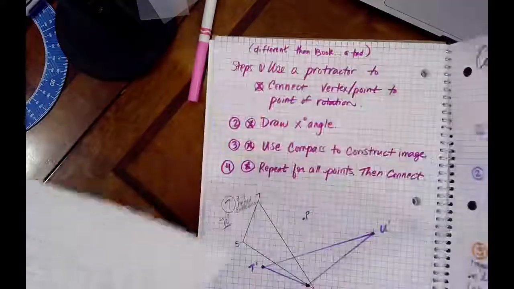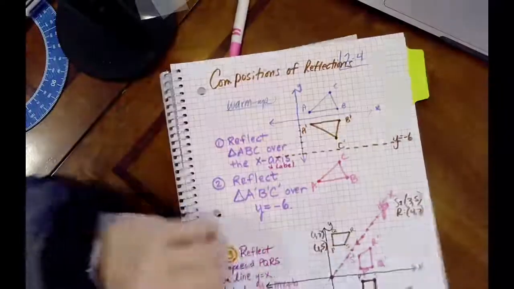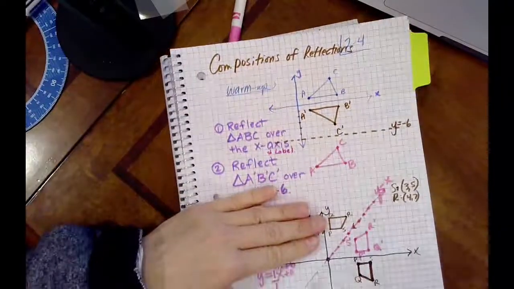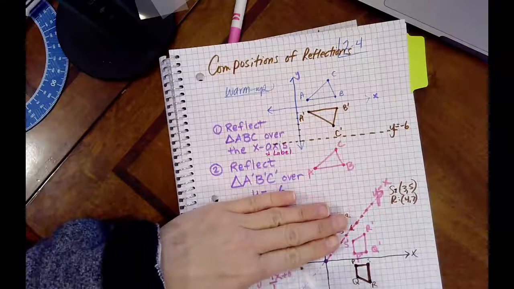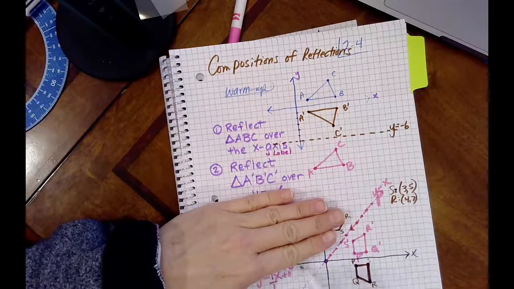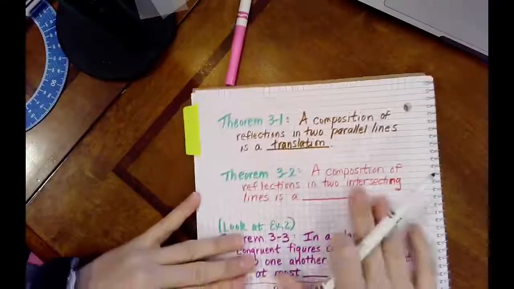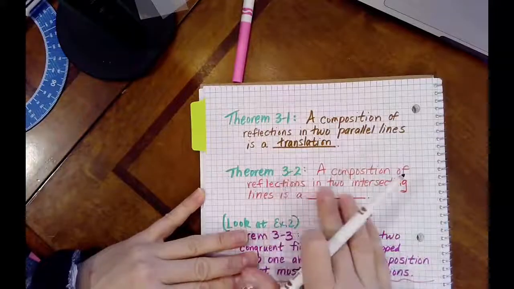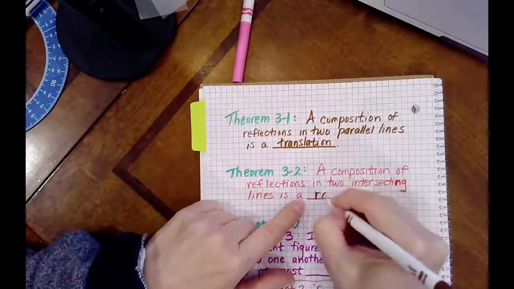If you go back and look, we've got this line, that was our first reflection, and then we had the reflection over the x-axis. Notice that the pink and the black lines are intersecting. And that's what it means there. A composition of reflections in two intersecting lines turned out to be a rotation.